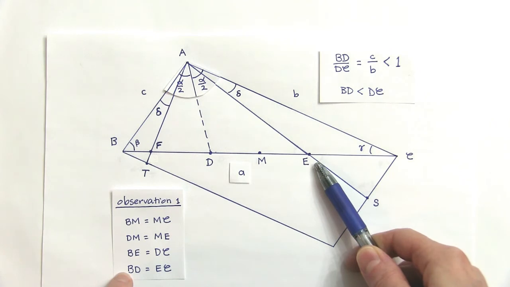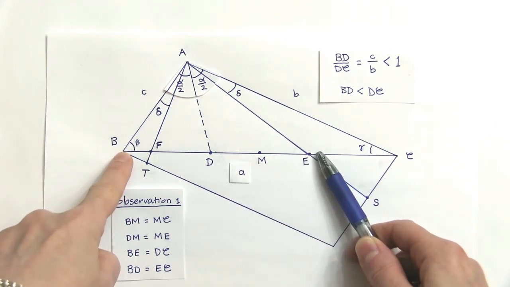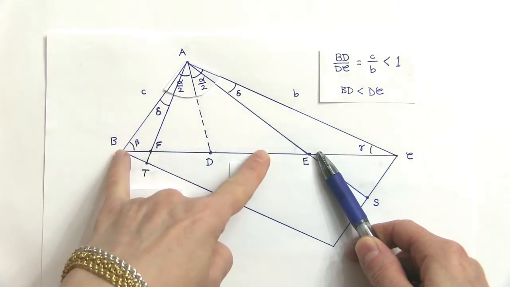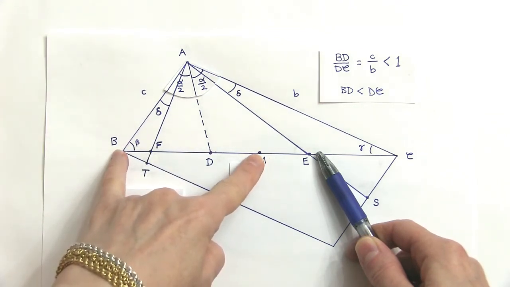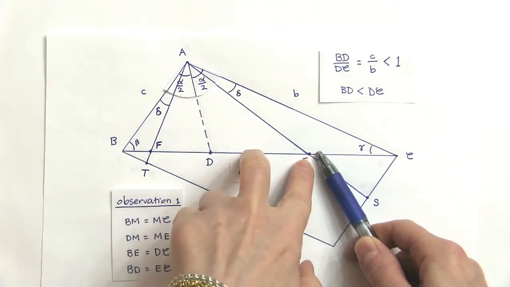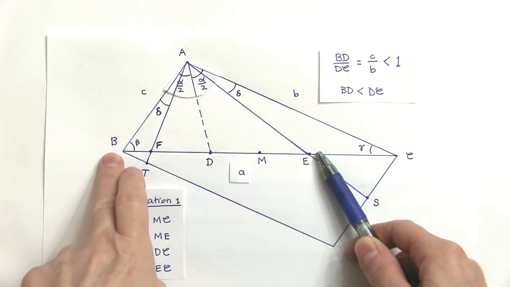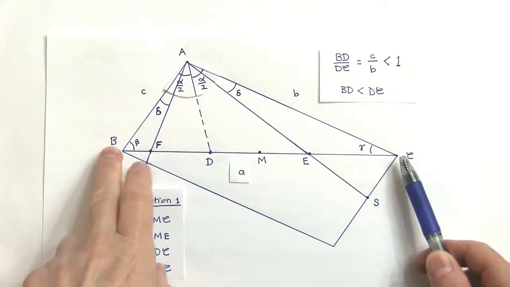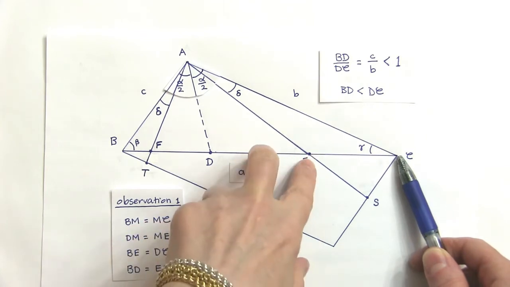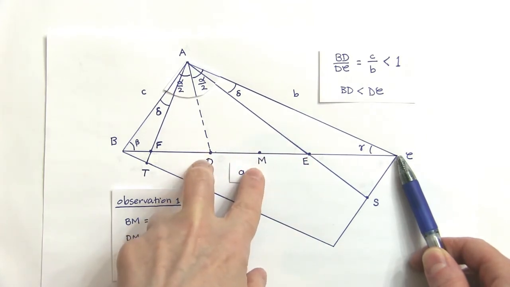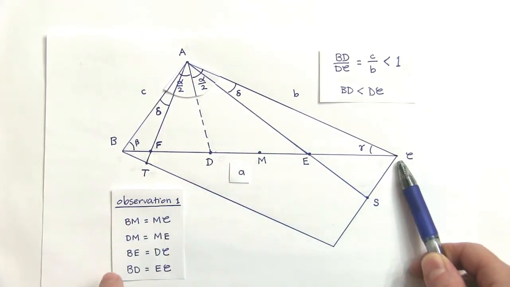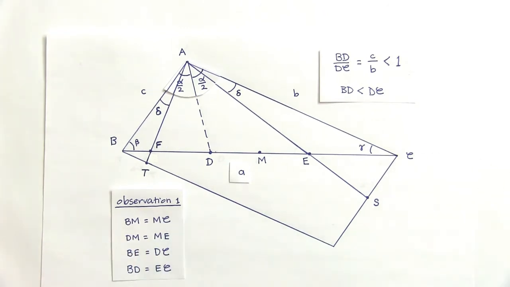We're going to get BE, which is the halfway distance plus this length, is the same as if I come from the other side and do this halfway distance plus this same length, which is DC. So BE and DC are the same.